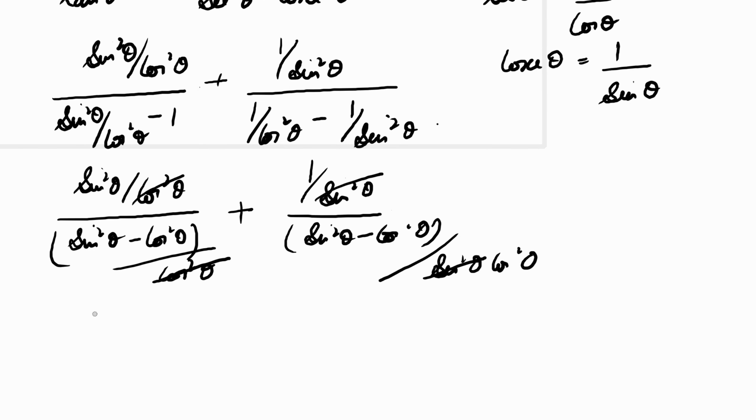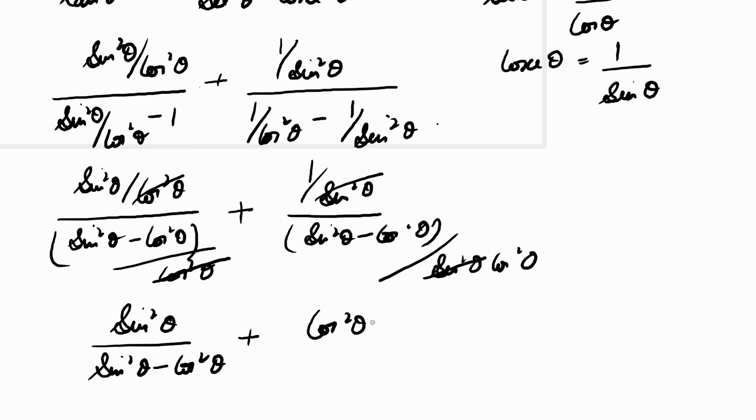And then it will become sin square theta upon sin square theta minus cos square theta plus cos square theta upon sin square theta minus cos square theta.